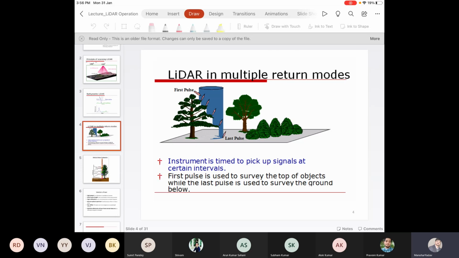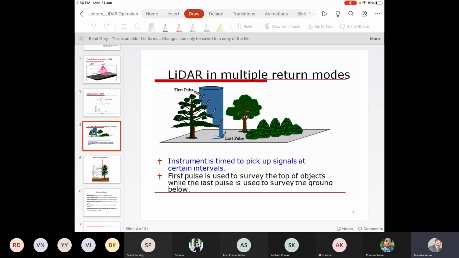As you can see over here, when that laser beam goes through the tree canopy, just see the first return we have at the first interaction point, then this beam can penetrate into the tree canopy, second interaction, third, fourth. Finally, the laser beam is very narrow, it can penetrate between the leaves of the tree and go to the ground under the canopy. So the last return we have is from the ground.